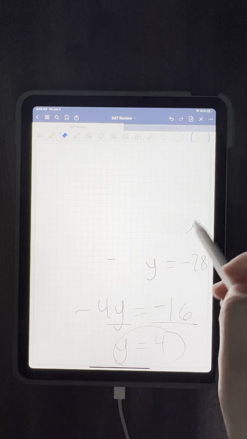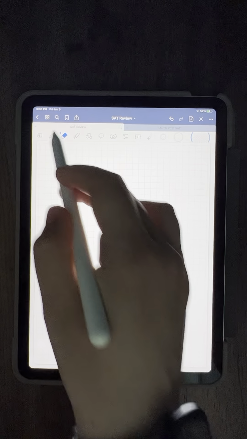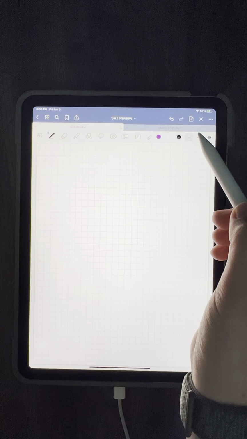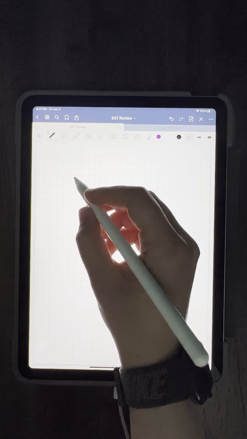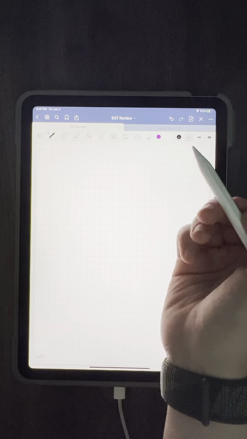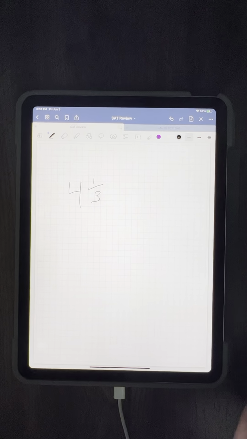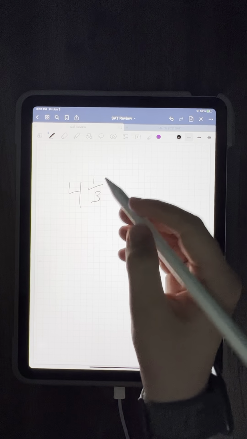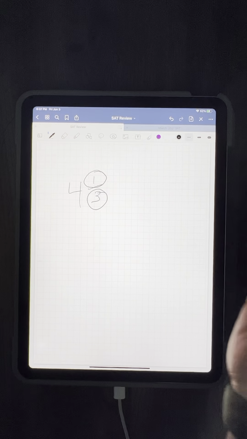Another thing you're going to need to know that's kind of algebra-ish is probably how to do, what are they called? Exponent rules. So, if you have 4 to the power of 1/3, if you have any number to a fraction, this becomes your power and this becomes your root.